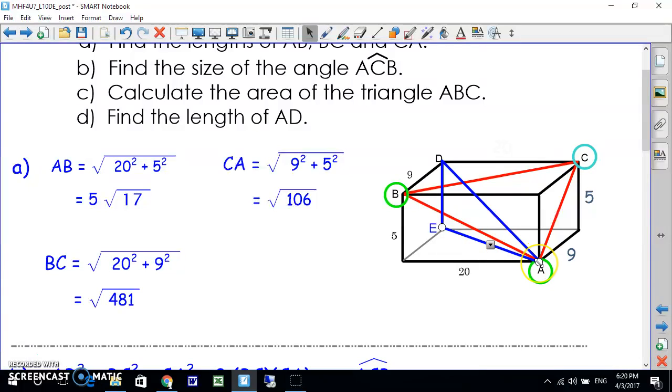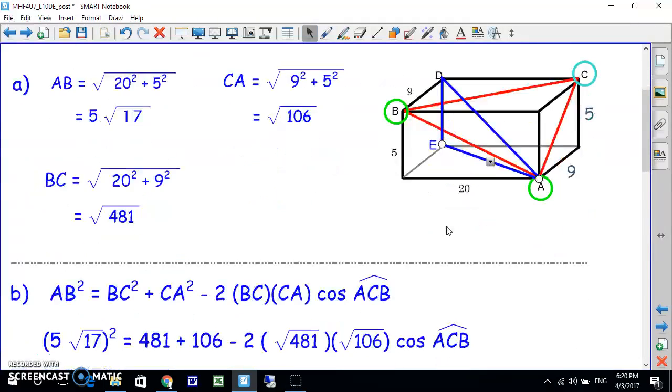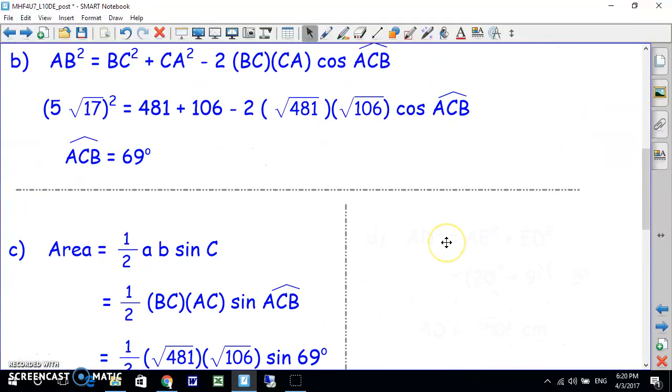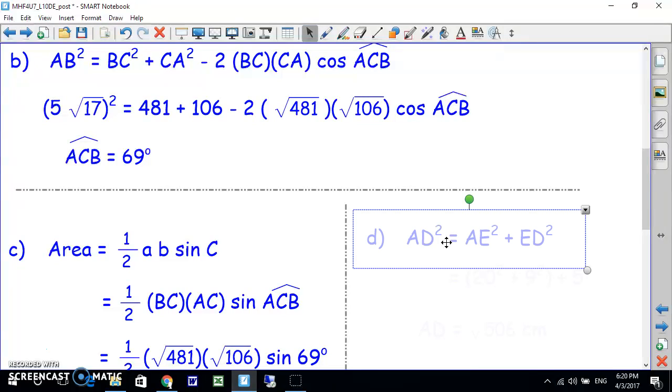Well, how can I find the length of AE? It is on the bottom face of this cuboid, so it's the square root of 20 squared plus 9 squared. And then knowing that the height DE is 5, you can piece this information together and say that the square of AD, the hypotenuse of the blue triangle, is equal to the square of AE plus the square of ED.